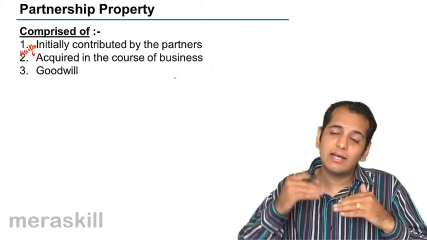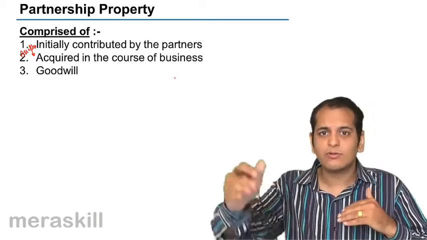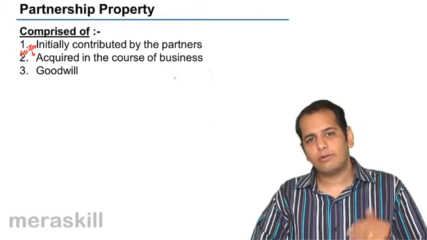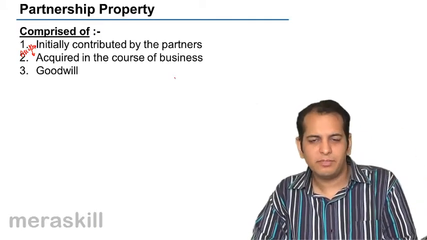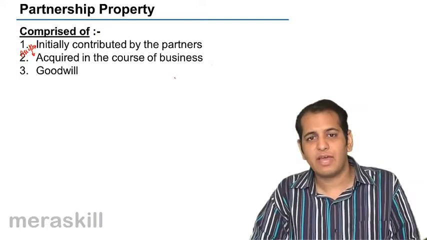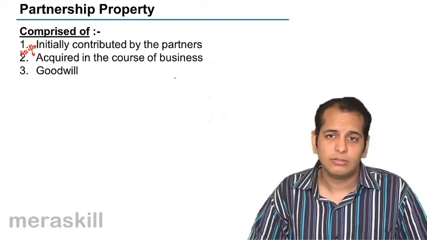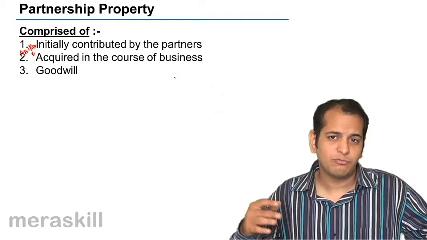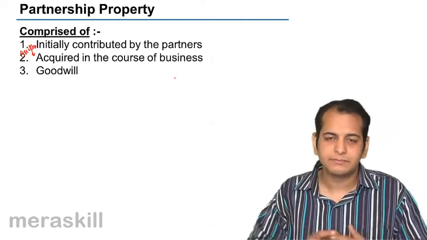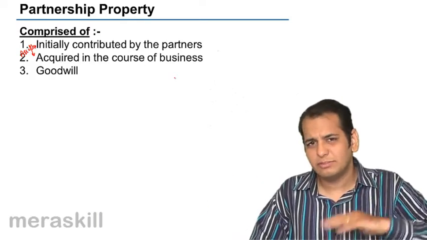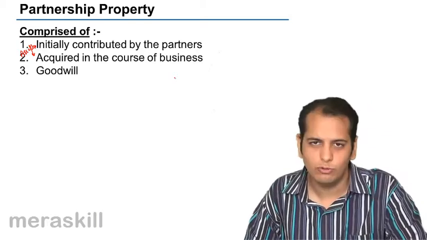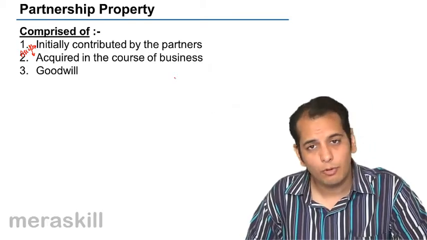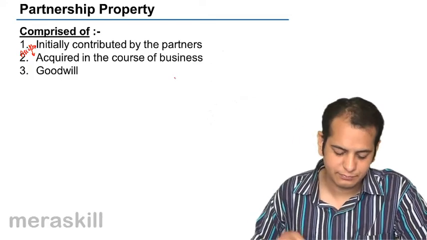Second, assets that are built up during the course of business. While doing the business, the assets that the firm acquires may be in the form of goods, cash, a godown, an office, a factory, it may be in any form. And finally, third is goodwill. Goodwill is also considered as the property of the partnership.